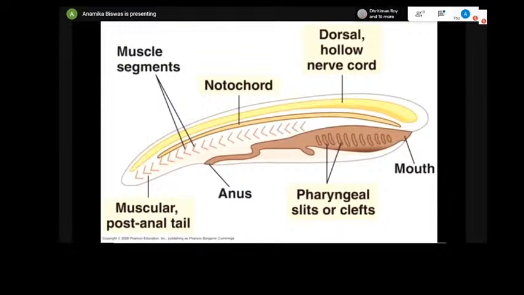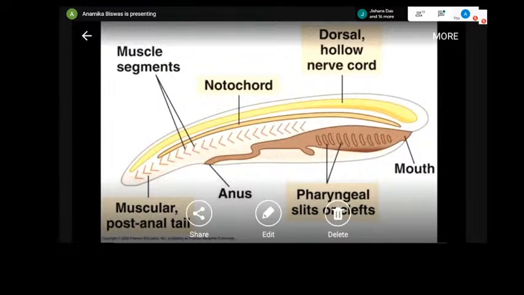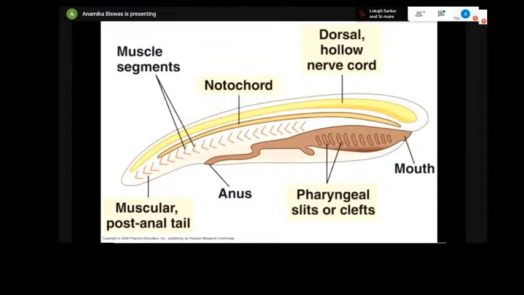The anterior end becomes a brain, while the posterior end forms the spinal cord. In your class 10 syllabus, you already learned about the structure of brain and spinal cord. So this is the hollow dorsal nerve cord.